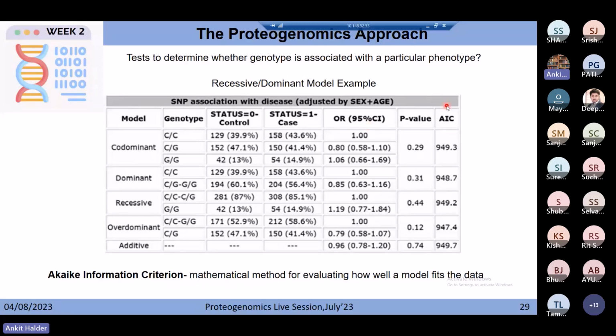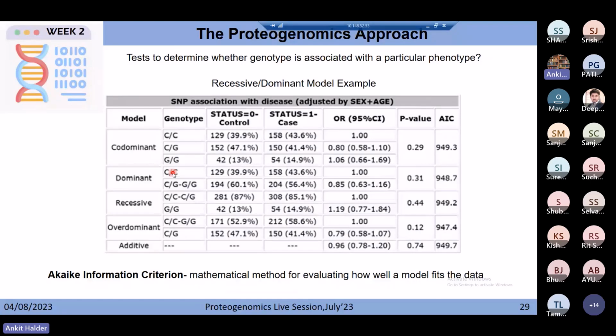Finally, what we do is that the Akaike information criterion, AIC, is generally calculated. It is a mathematical method for evaluating how well a model fits the data. For example, now you have these particular genotypes and the status of that SNP: CC, CG, GG.